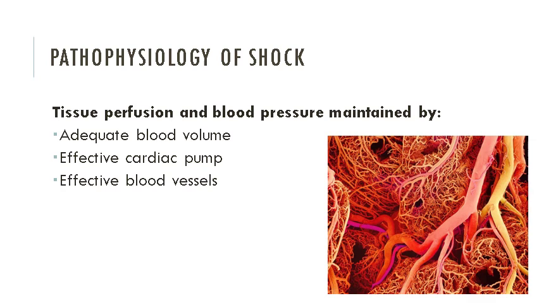The second is effective cardiac pump, so having a heart that works correctly. And the third is having effective blood vessels. So if we think about that in simple terms, we have to have enough blood in our body, we have to have a heart that works, and we have to have blood vessels that can carry the blood around our body. If we don't have that, no matter what we do to try to get out of these shock type of states, it may not be successful.